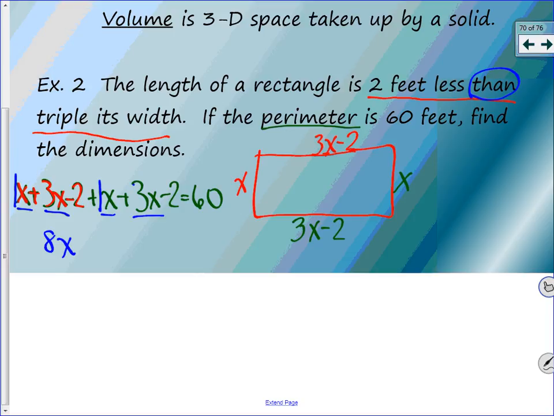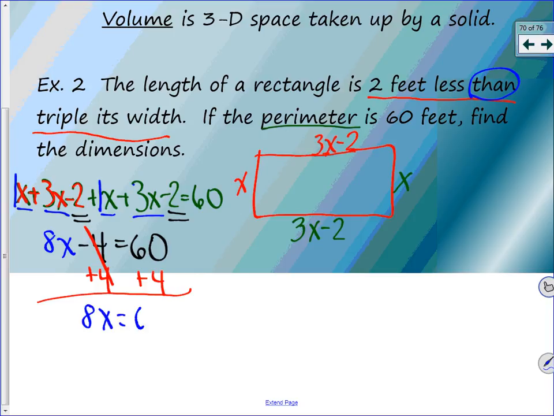Now we have to combine -2 plus -2 is -4. Equals 60. Bringing down equals 60. Then we can add 4 to both sides. 8x equals 64. Divide by 8. And x equals 8.